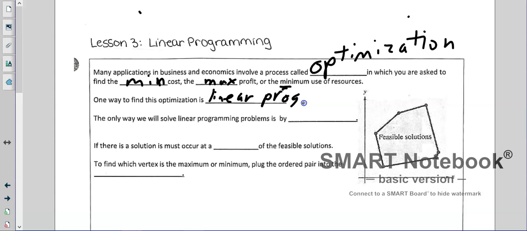The only way we'll solve linear programming is by graphing. Okay? If there's a solution, it must occur at a vertex of the feasible solutions.